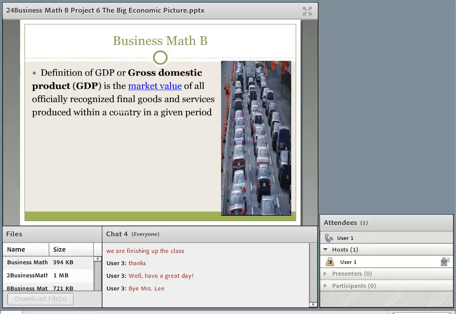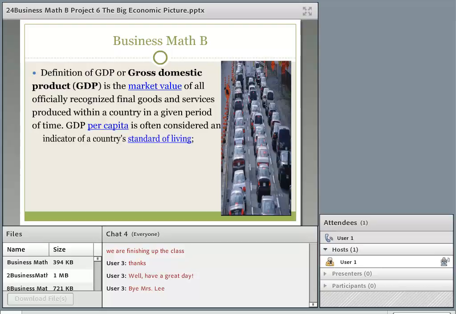When we talk about the gross domestic product, that's actually the market value of all goods and services that are produced within a country for a specific period of time. So it kind of gives us an idea of the country's standard of living.